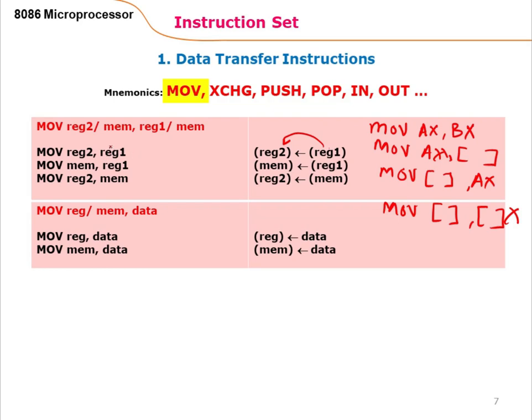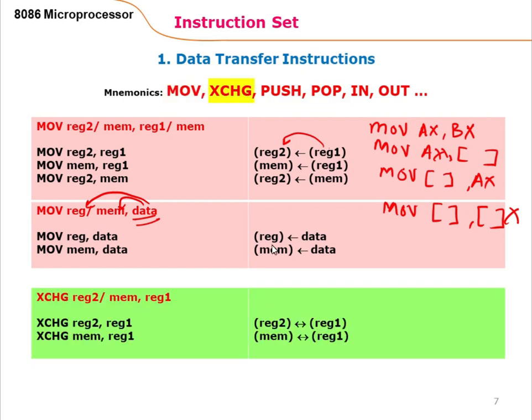This move instruction can also be used in immediate addressing mode, so we can directly transfer data to a memory location or a register. If MOV register, comma, data, then the data is directly copied into the register, or MOV memory, comma, data, then the data is directly copied to the given memory location.